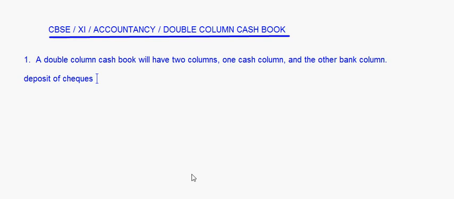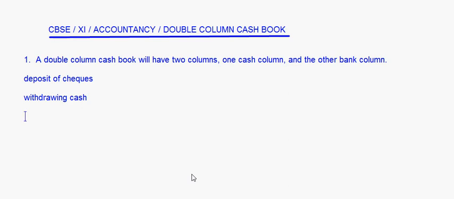So this will come in the bank column. Then we write withdrawing cash from the bank, right? That is again something which is related to the bank, though we are withdrawing cash also, but we are now looking at the bank aspect, right?